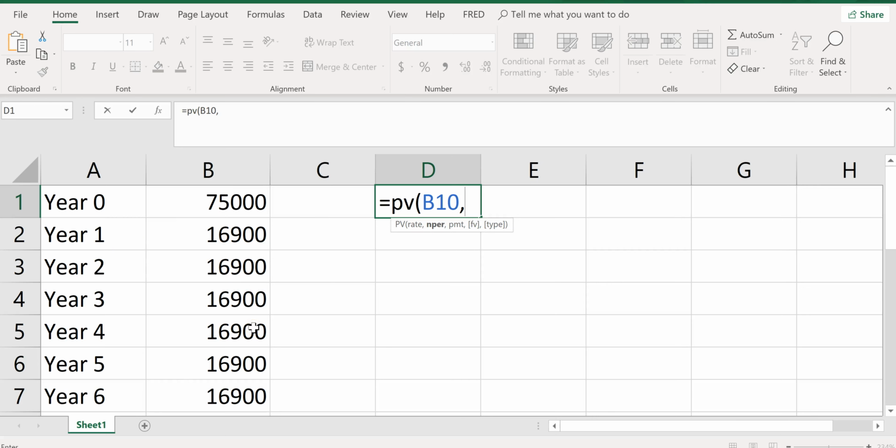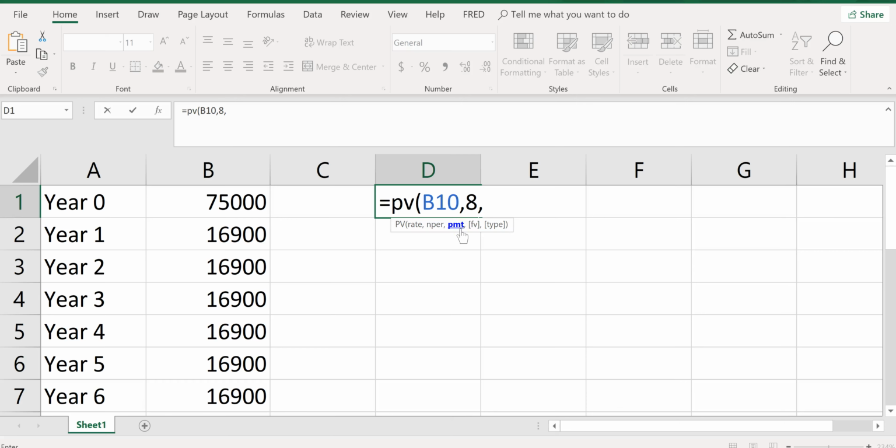So we use the present value of an annuity formula to figure out this present value. And the NPER, the second argument here, is the number of payments. Here the first payment starts from year 1 and ends at year 8, so we have 8 payments, and this PMT is the payment.